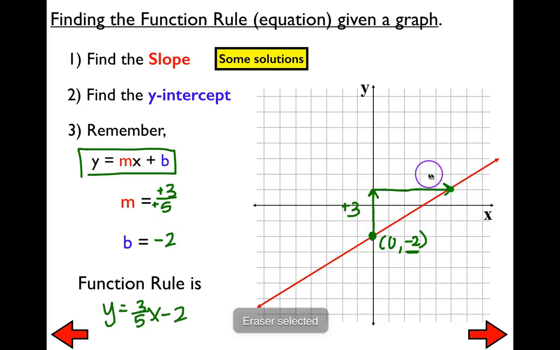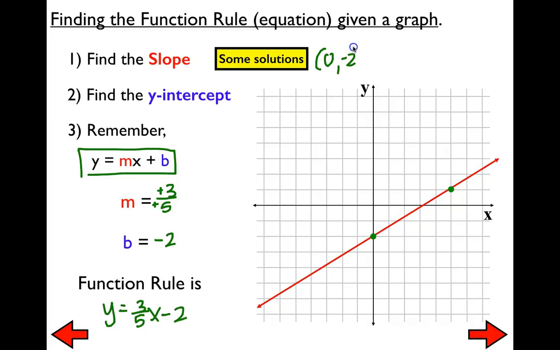Now real quick, what we can do is talk about some of the solutions. So obviously these two given points would be solutions. So I would say (0, -2) is a solution. Let's see, 1, 2, 3, 4, 5, 1 would be a solution. Are there other points?